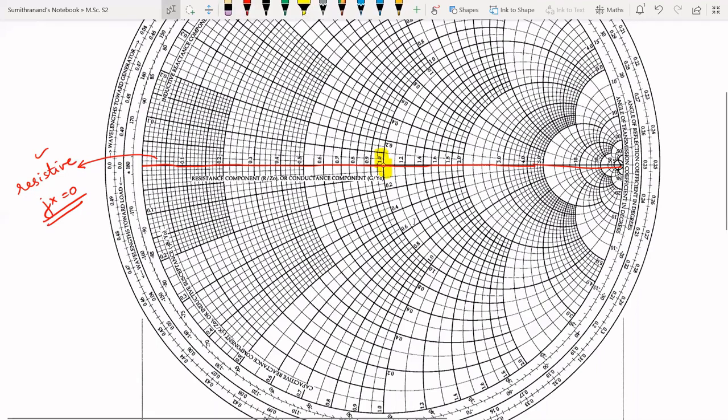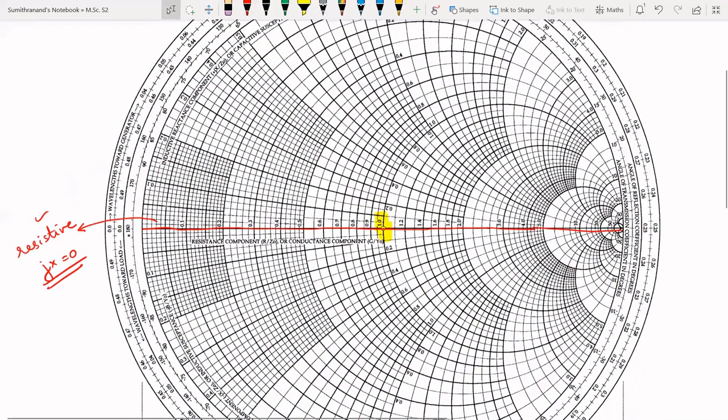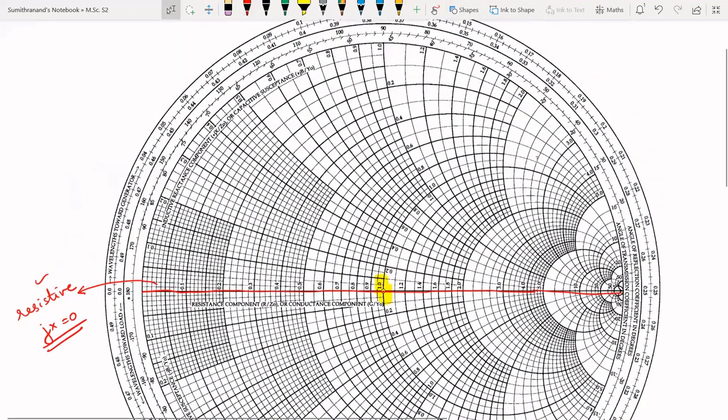Now, another important thing is that above the horizontal axis, there is a semicircle. That semicircle is the positive reactance semicircle, that is jX.